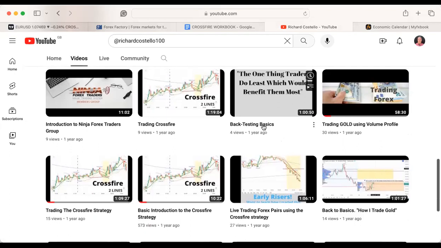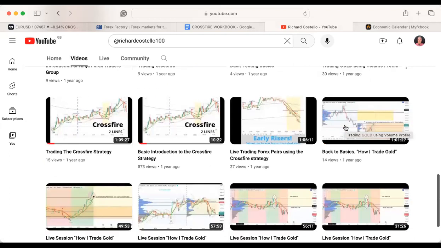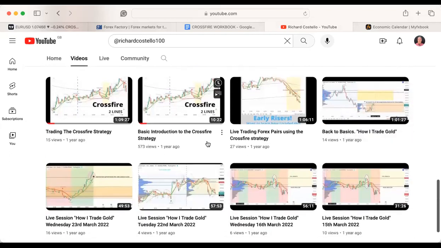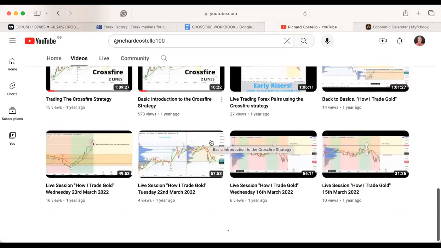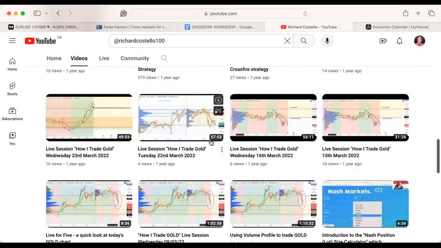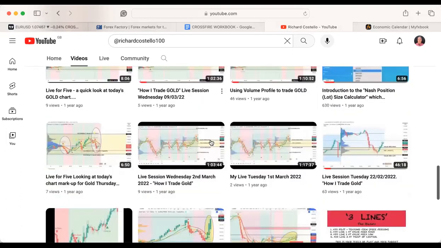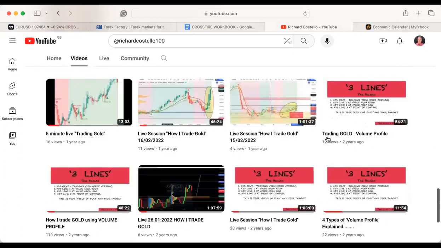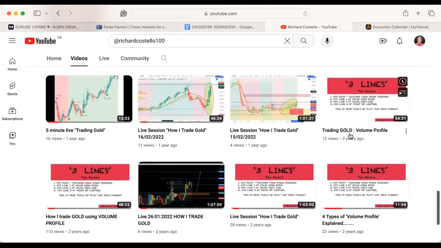There's one on back testing, which I'm going to do a quick 10 minutes on now. There's trading gold using volume profile. I'm just trying to find one that would be fairly quick for you to watch. These 3 lines are the V70.